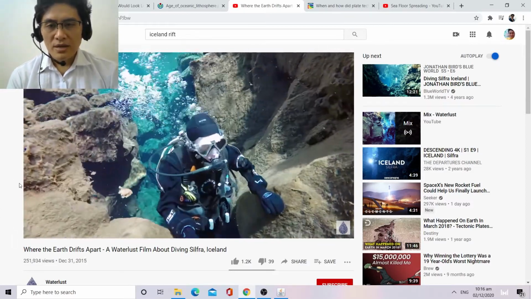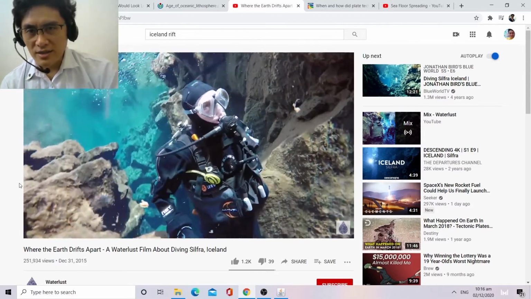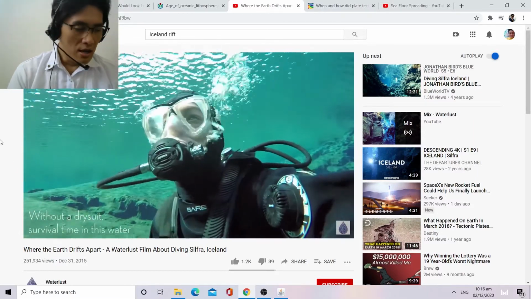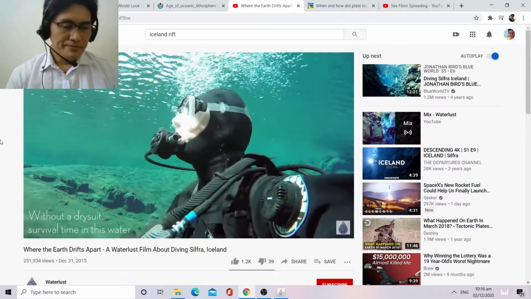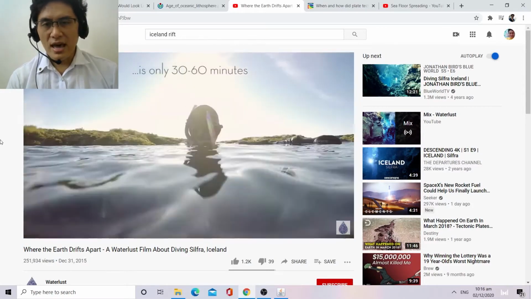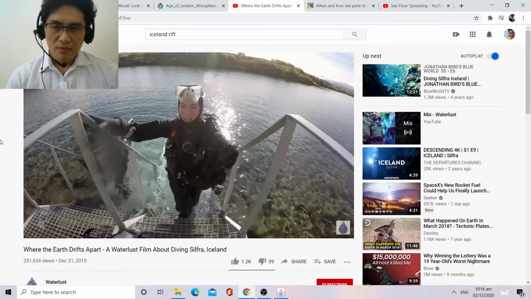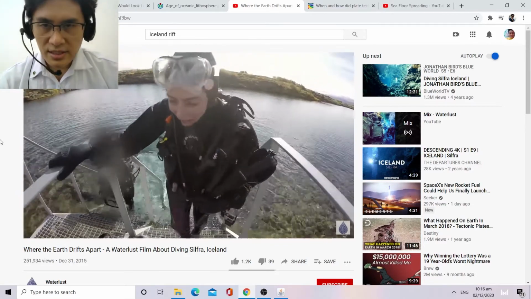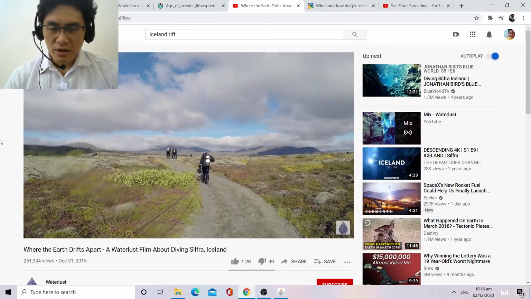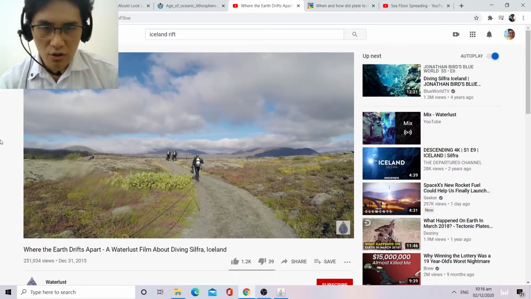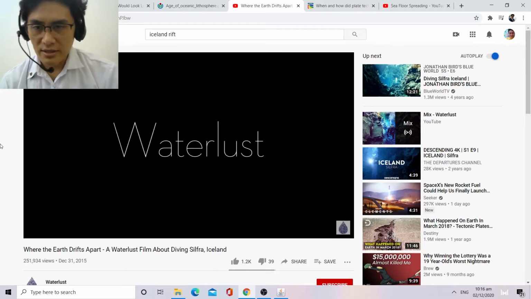So that's why this is very clear. So again, that's the third evidence presented: there are fewer sediments at the center of the ridge. It's thinner in terms of sediments and thicker as you go towards the continents.